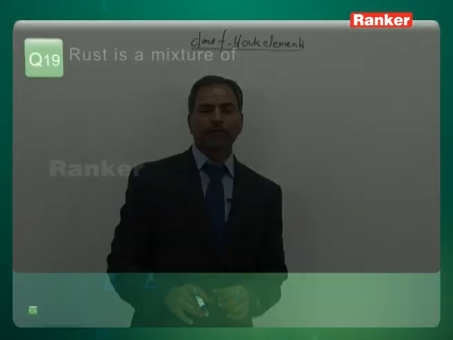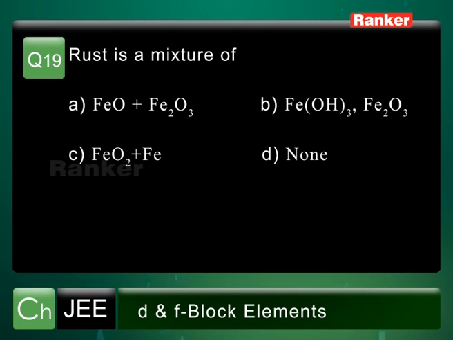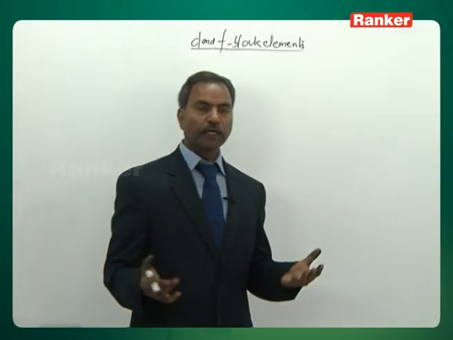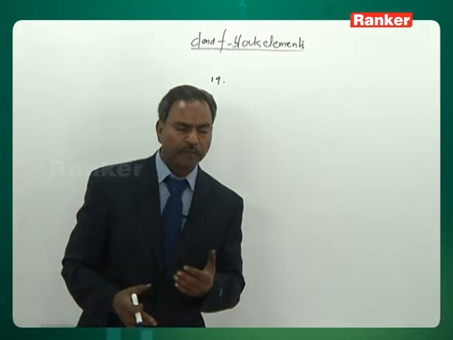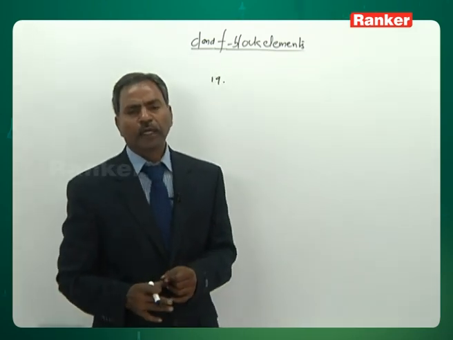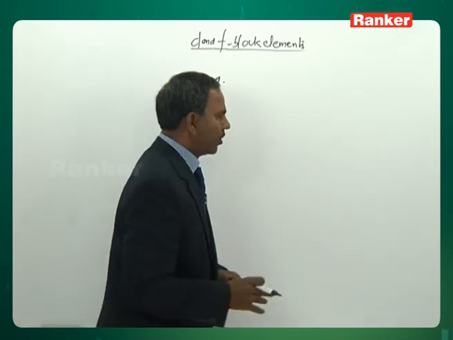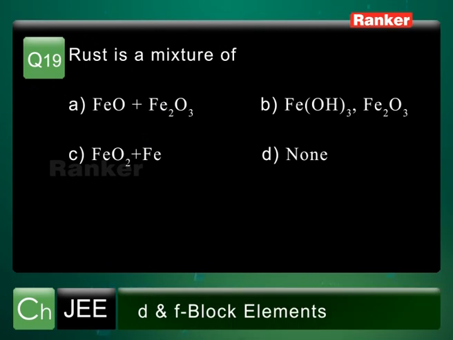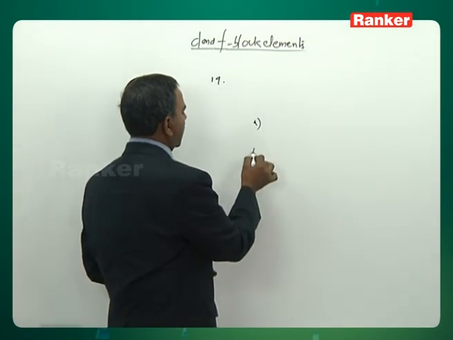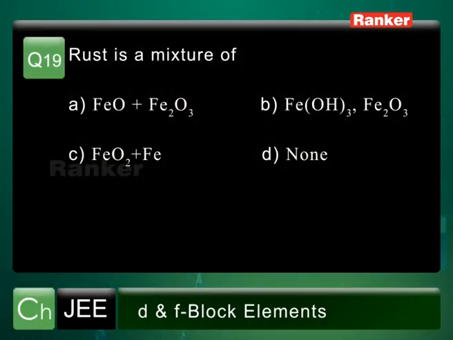Question number 19, rust is a mixture of. You frequently see rust wherever iron is exposed to moist air. Without moisture, in dry air, it does not undergo rusting, but in moist air, in the rainy season, it easily gets rusted. Rust is actually a mixture of ferric oxide and ferric hydroxide. Option A is given as FeO and Fe2O3. Option B is ferric hydroxide and ferric oxide.